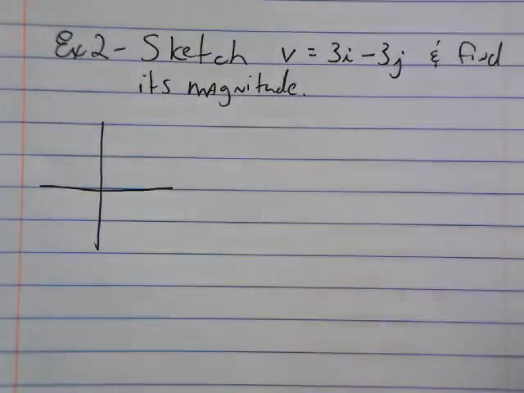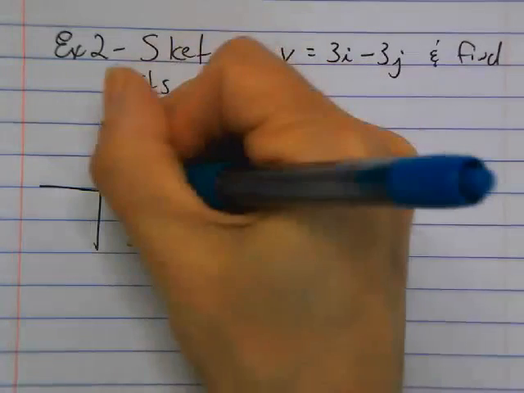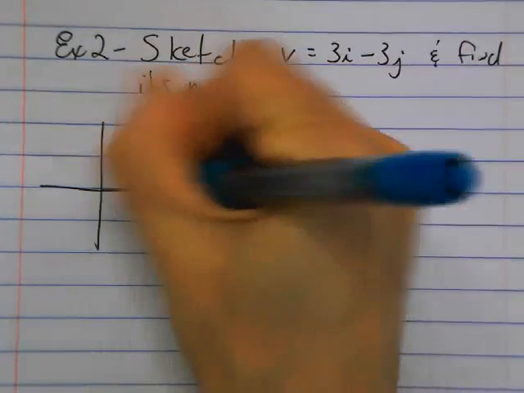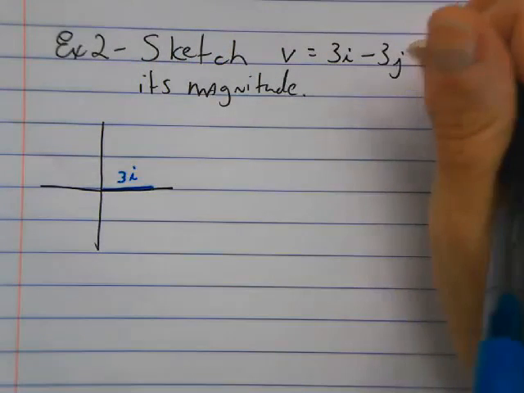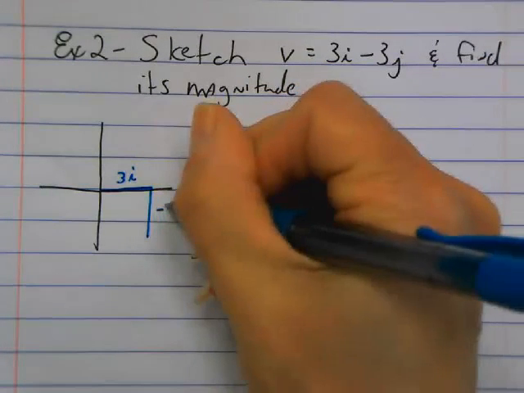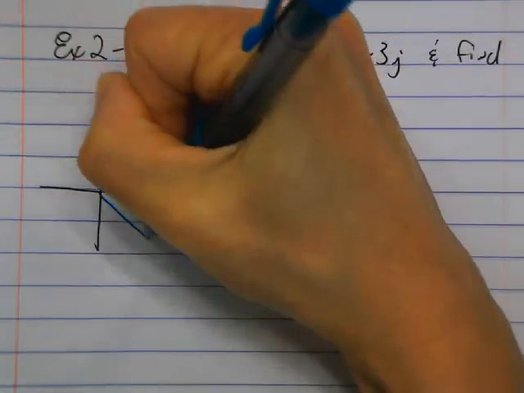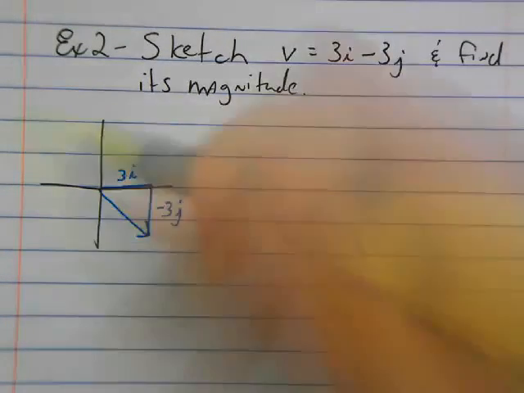So 3i is positive, so I'm going to go ahead and go positive, so 3 to the right. There's 3i. Negative 3j. So I'm going to go down negative 3j. And my resultant vector would be this one.